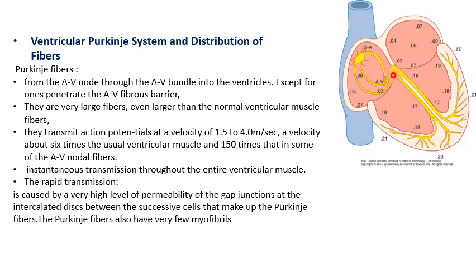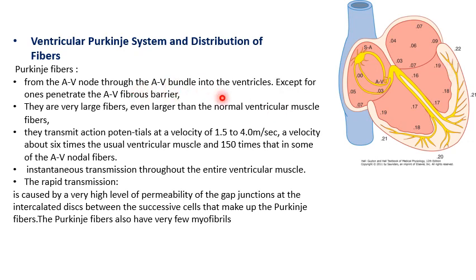Of course, this conduction is considered very fast in the Purkinje system, which starts from the AV node or after the AV node and passes through the AV bundles, the right and left branch, and into the whole cardiac wall.